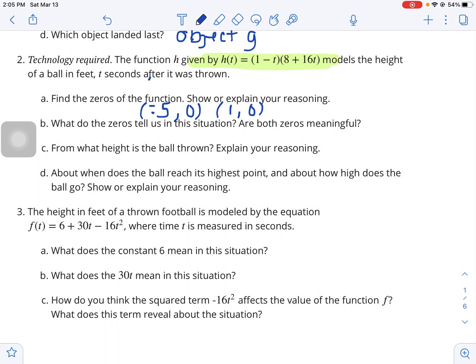So this is a ball. The zeros are when the ball is 0 feet high, when the ball has a height of 0.